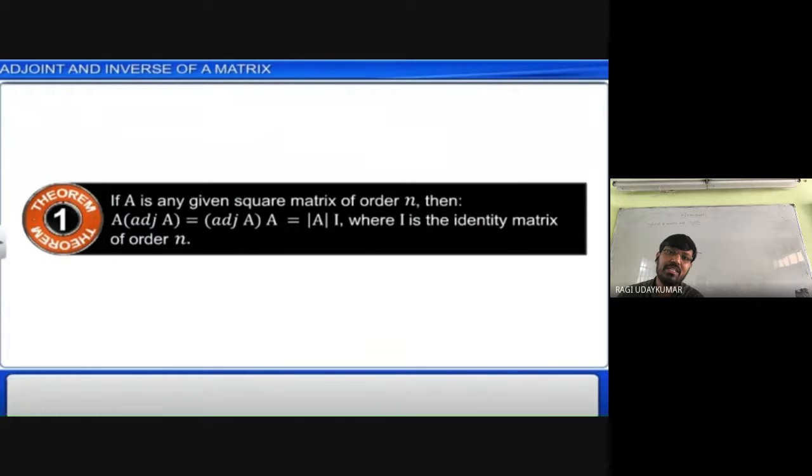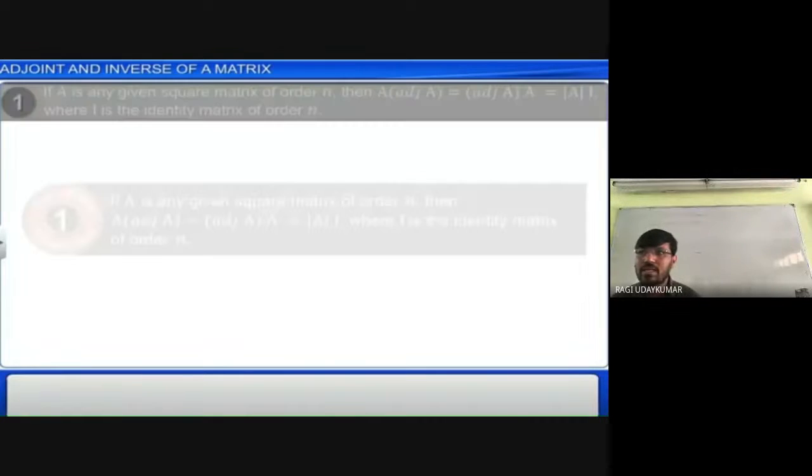So this is a theorem here. When you multiply, you can check that. Any matrix can be taken. That matrix multiplied by its adjoint, then you are going to get determinant of A into I.